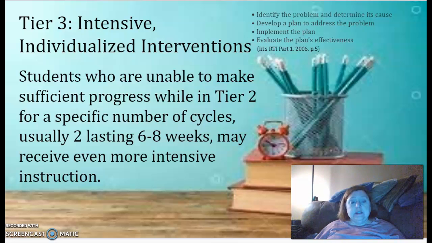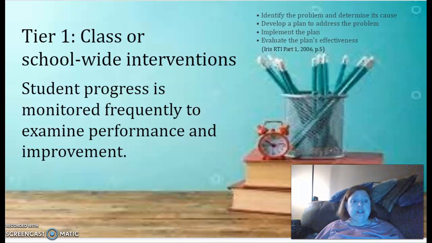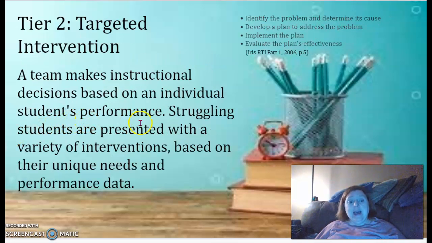So students in Tier 2 who make good performance can move out of Tier 2 instruction and actually go to Tier 1. Students who don't make adequate performance can also stay in Tier 2 for another cycle, which usually lasts about 6 weeks.